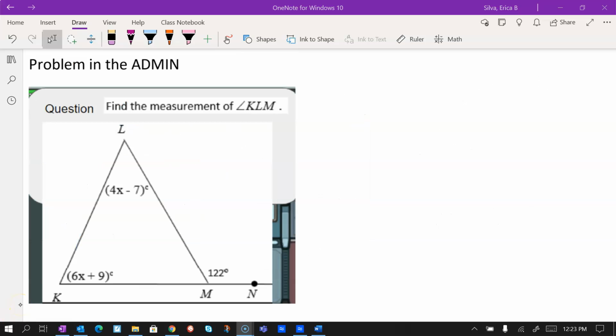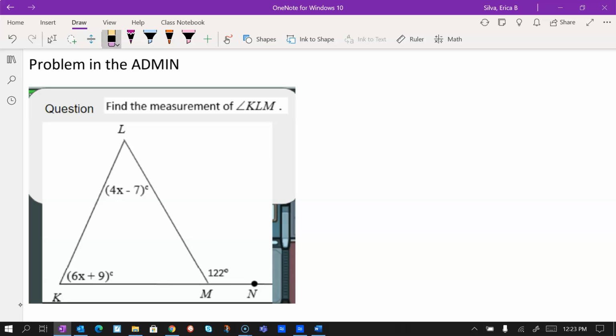So for the problem in the admin, we have to find the measure of angle KLM. In order for us to find that angle measure, we need to first solve for x.